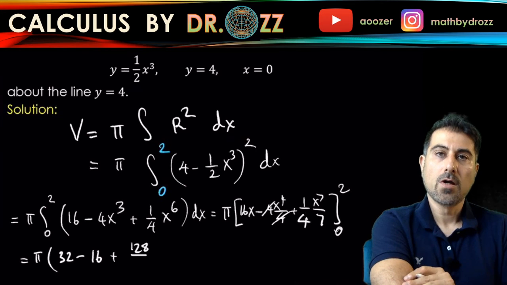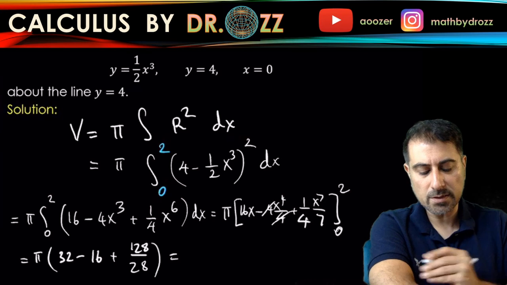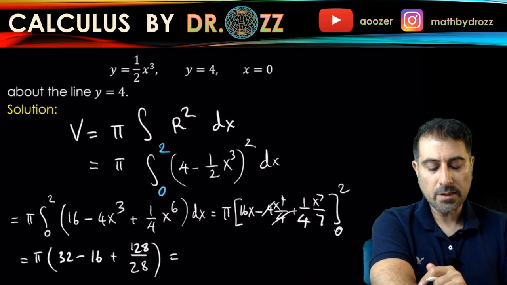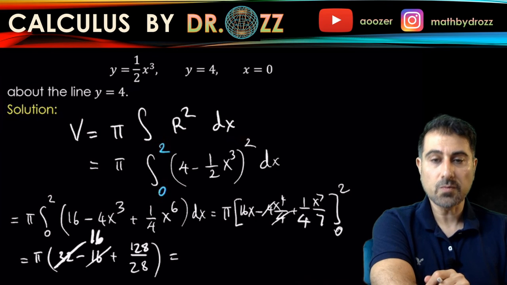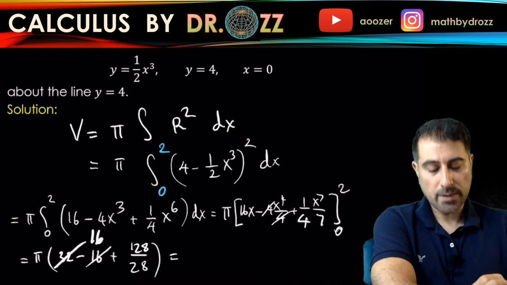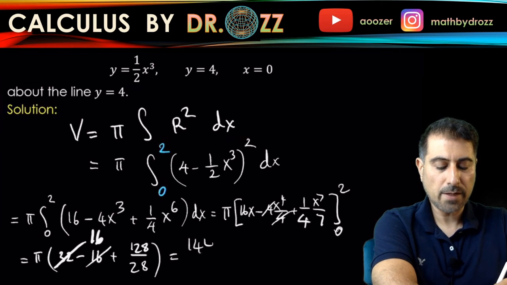At this moment, we want the exact value, so this adds up to 16. If you set a common denominator and look at that summation of 16 plus 128 divided by 28, you get 144 divided by 7, times pi.